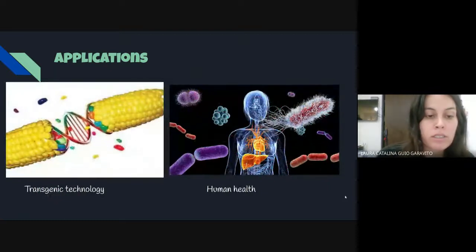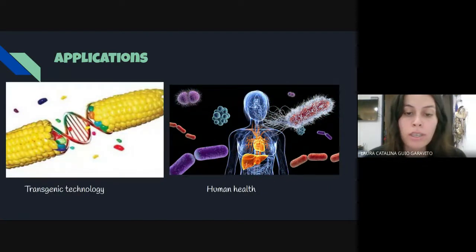Another application is in transgenic technology. Transgenics means using the study of cellular and tissue specific responses by modifying the DNA sequence or transferring the DNA to an animal, so certain proteins can be developed and used in medical treatment.